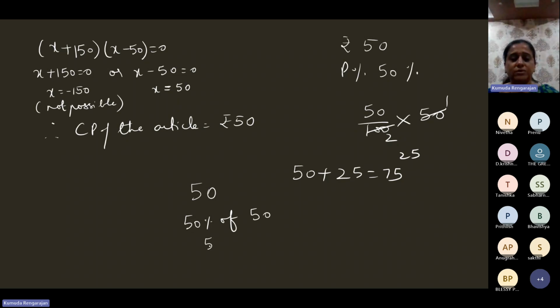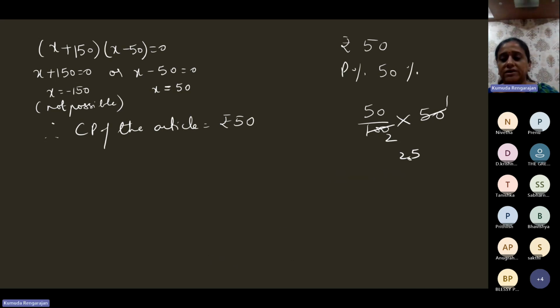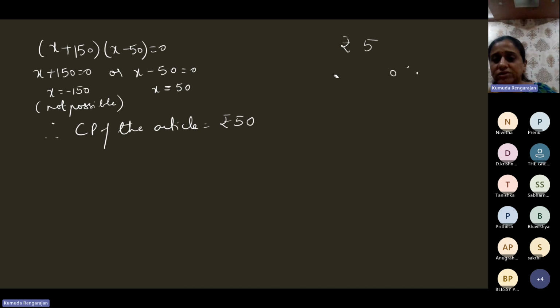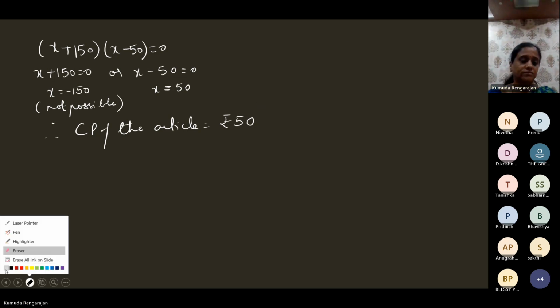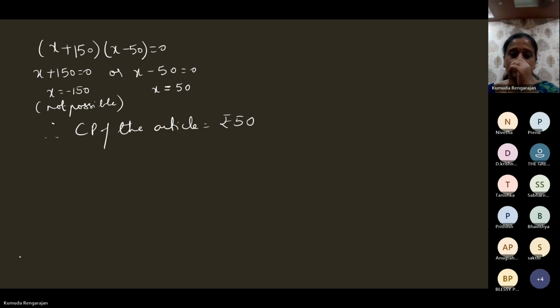So 50% is 50 by 100, of is into 50. So 50 by 2 is 25. So 25 is the gain. So cost price 50 plus 25 gain is equal to 75, which is the selling price given in the question.